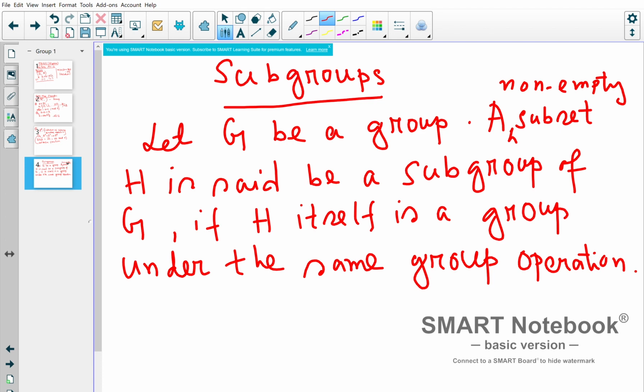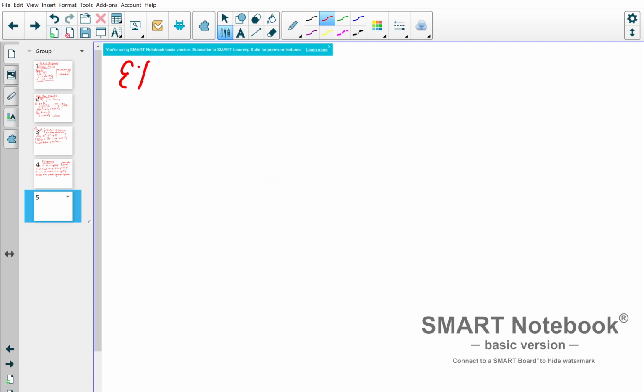So subgroups are substructures, and you can obviously study many properties of subgroups. Let me give some examples first. Example one: you remember that Z plus was a group, right, with addition.